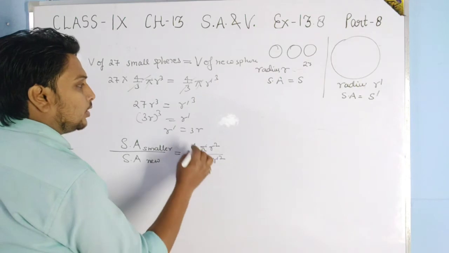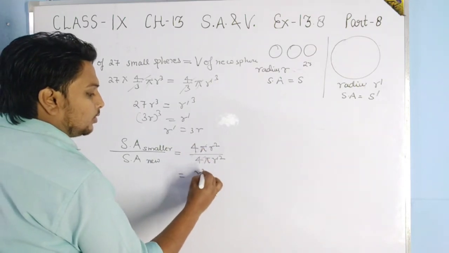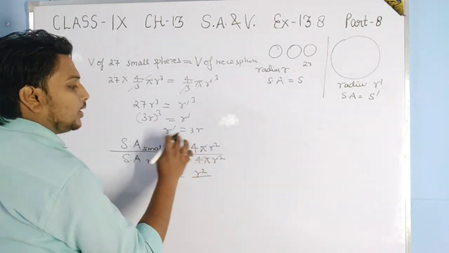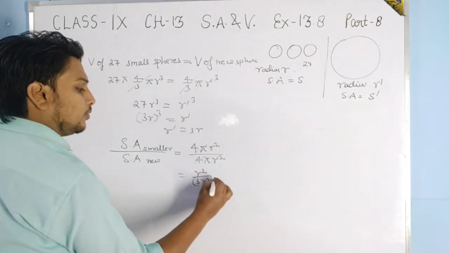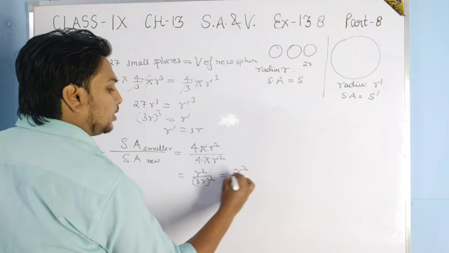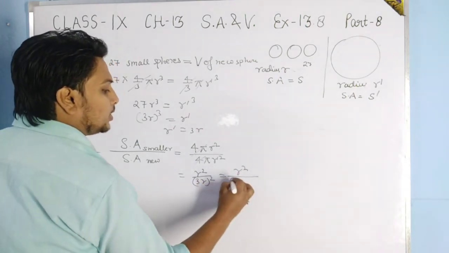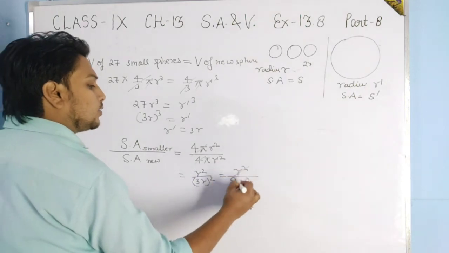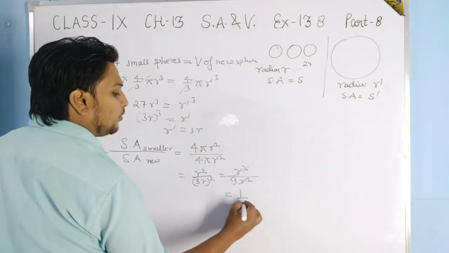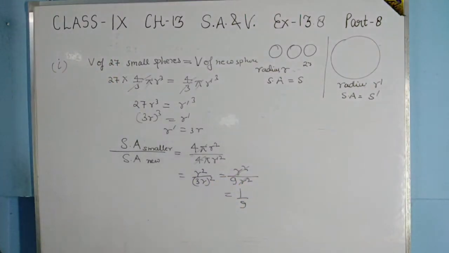R dash is 3r, so the square of 3r will be there, which is 9r square. R square will be cancelled out. What is left is only 1 by 9. So their ratio will be 1:9.